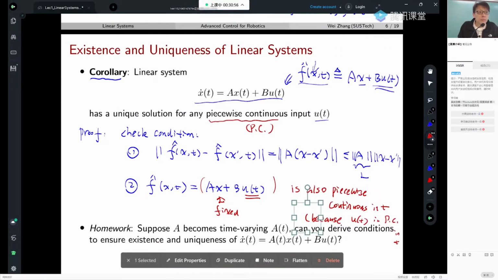All right, so that's somehow a proof, though I don't call it a proof, maybe an argument or reasoning, of why this general linear differential equation has a unique solution for piecewise continuous u(t).